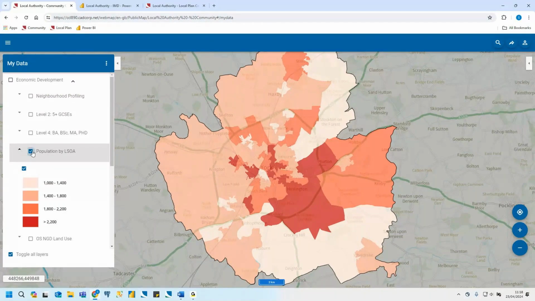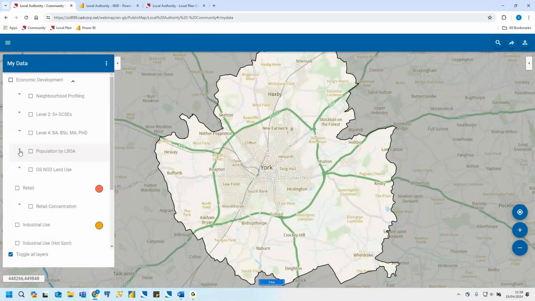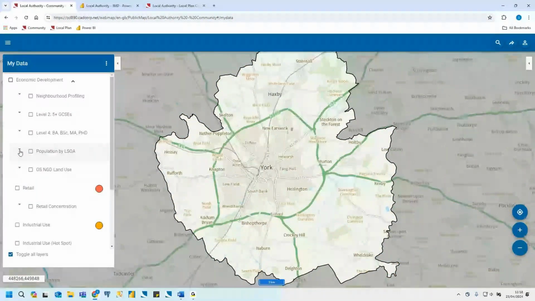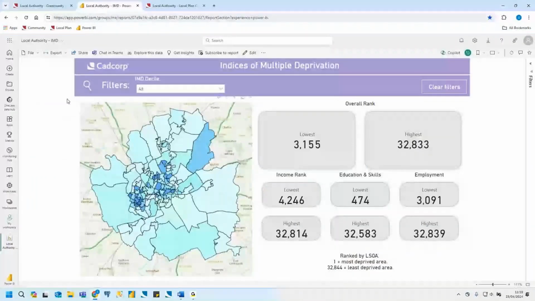And then just to show you one more example focused on people, I'm going to switch interfaces momentarily. Here we're looking at Microsoft Power BI, which is being widely adopted by local authorities for business intelligence and performance reporting. And we have a visual where you can embed a map into this environment.